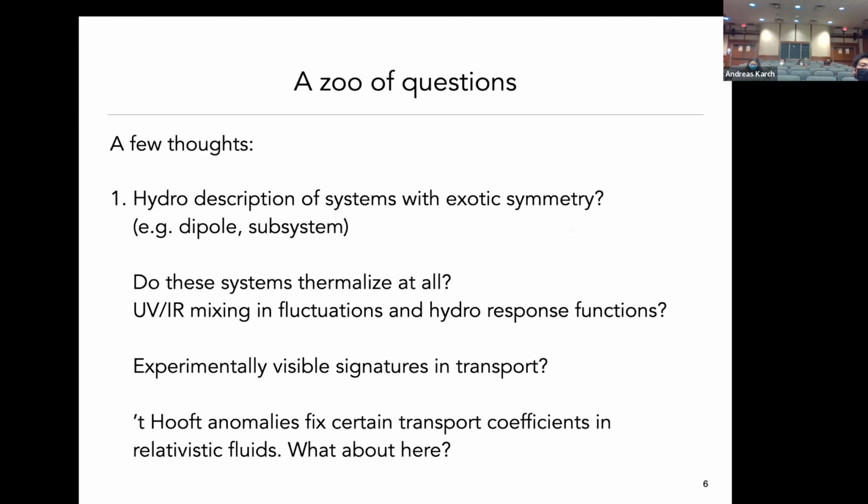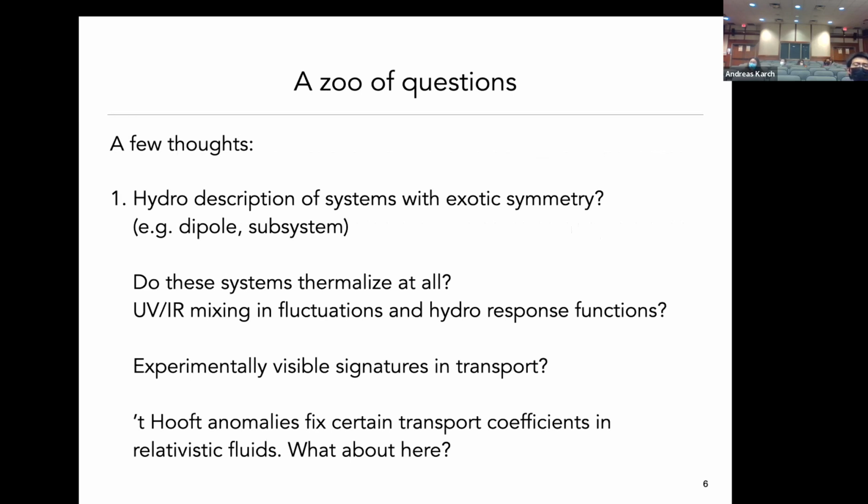So a few thoughts. Already in Andy's talk, we saw a very nice discussion about descriptions of systems with dipole symmetry. One can, of course, widen one's gaze to think about systems with subsystem symmetry, which is going to be much more intricate, I would expect. But there, there are basic questions.